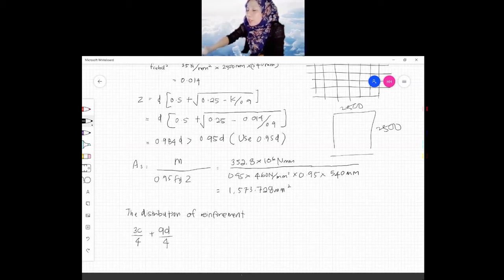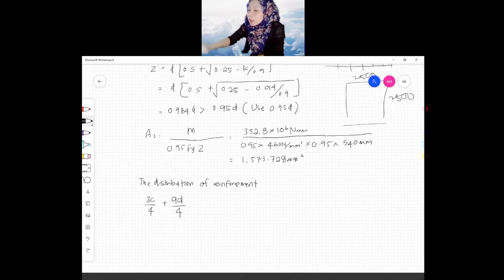Alright. So, the formula to check this, because we have two, which is we need to check LC and also 3C over 4 plus 9D over 4. Okay, we check these two first. So 3C over 4, C here means column width, not concrete cover. Okay.